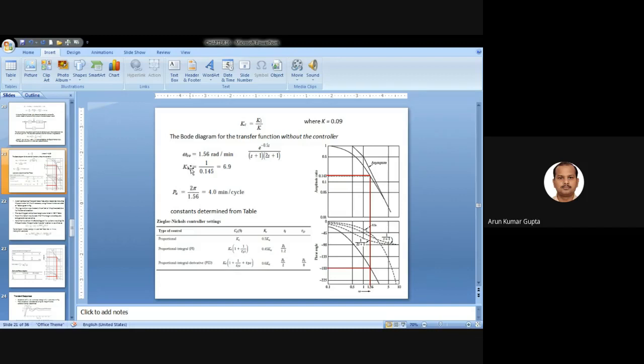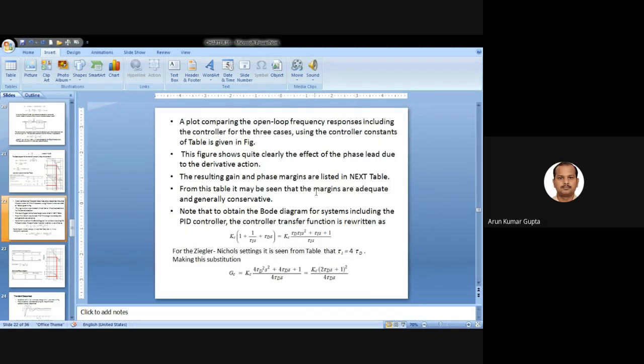So you know the KU and PU. Once you know that, you can easily find out from the calculation for PID the Kc, tau I, and tau D. Kc value is 6.9, and then tau I and tau D. So from this calculation you can easily get them.